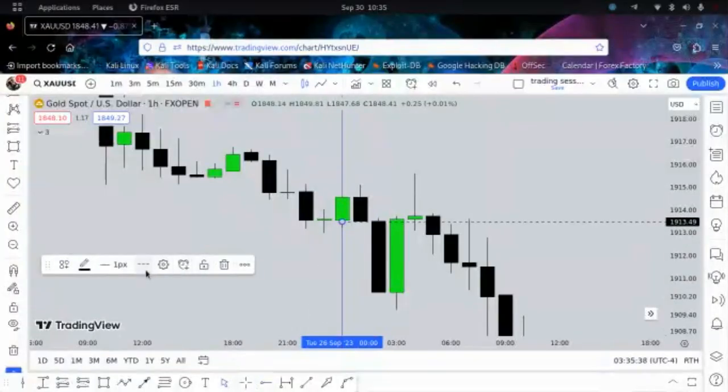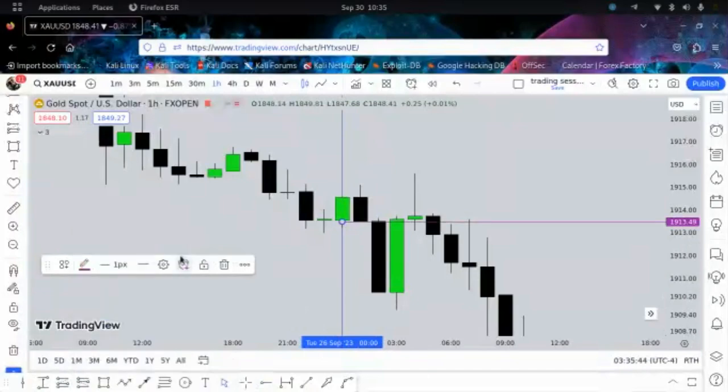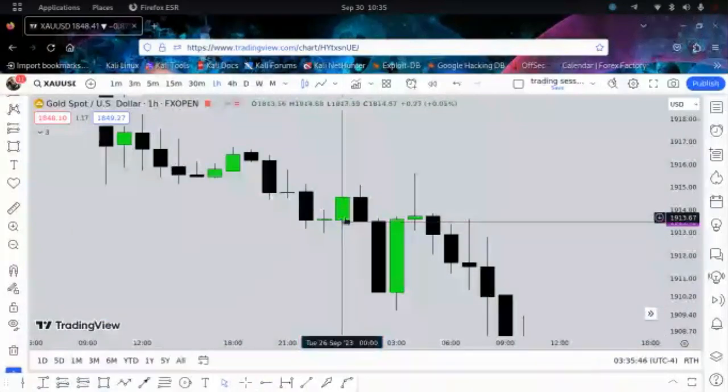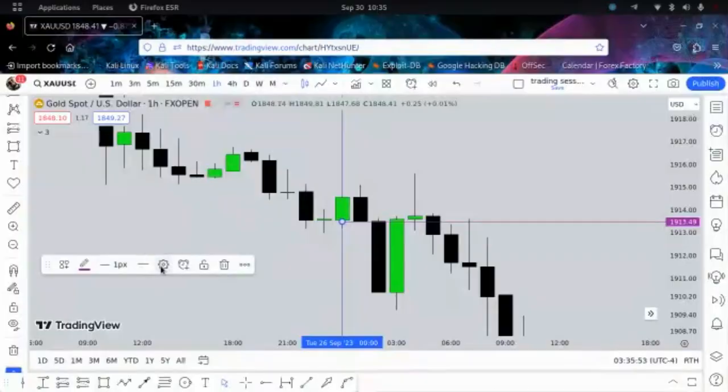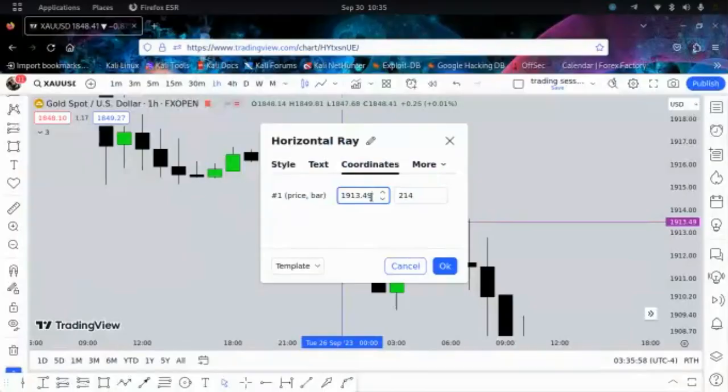So Tuesday I came and I marked my New York midnight open price. You get to the coordinates, it was at 1913.56. This is what you should do. Use the horizontal line.